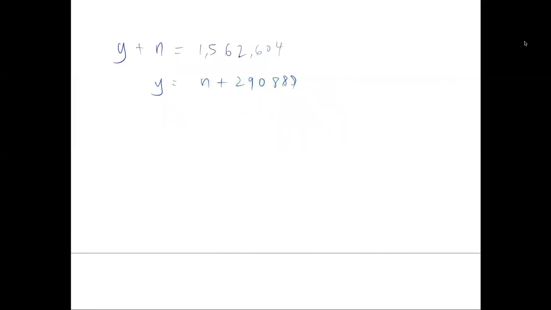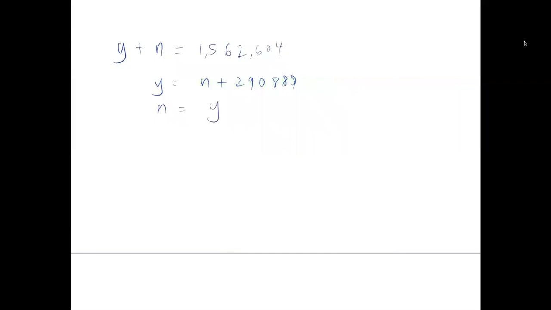All right, so this is what we had. Now, what I'm going to do is rearrange the second equation and make N the subject. If yes is equal to no plus that, then no is going to be equal to Y minus that, simply by subtracting 290,888 from both sides.